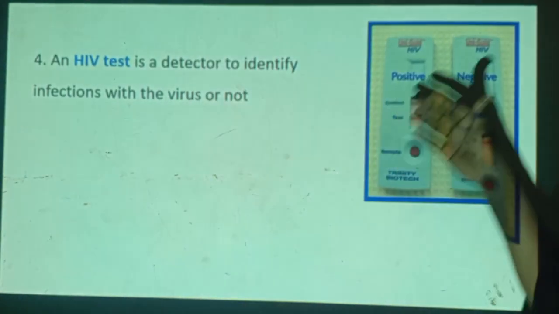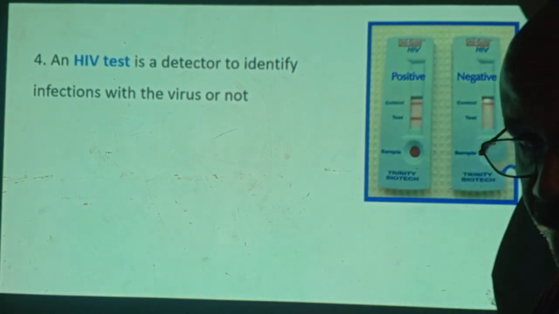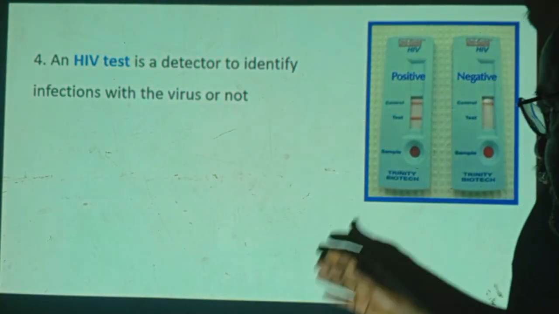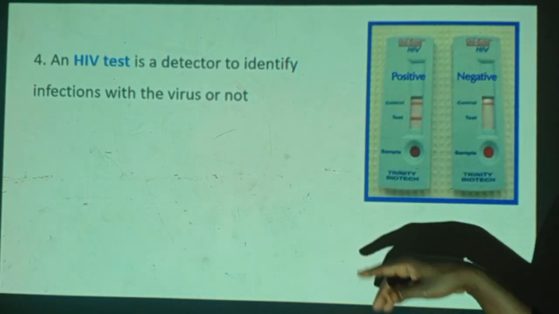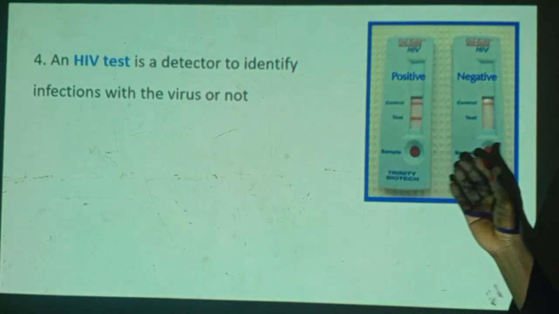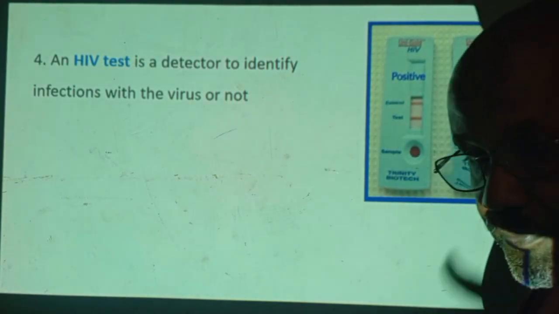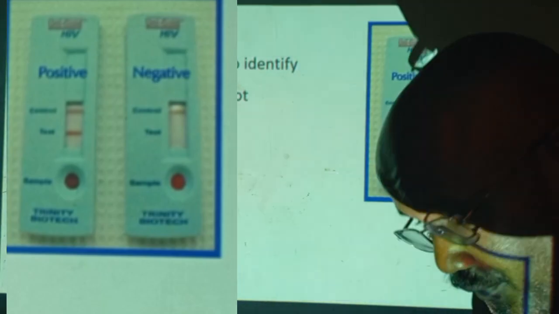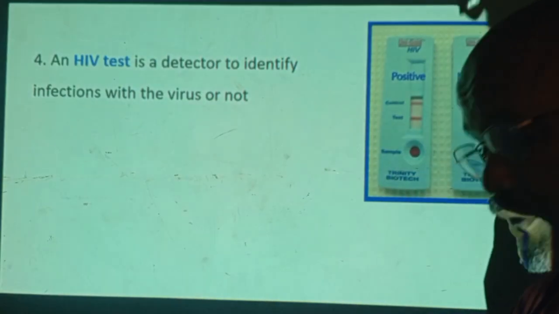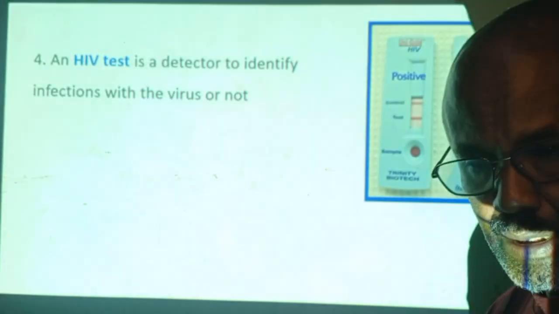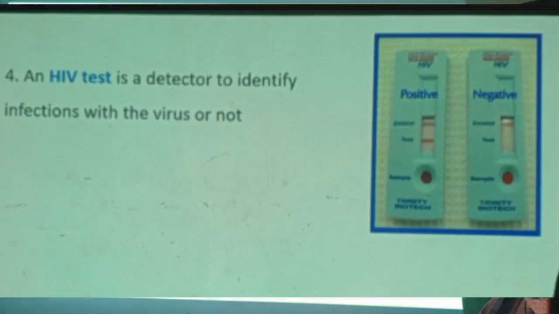When it comes to the other, it is the HIV kit. If your blood contains the virus, it can give you a result similar to the urine pregnancy test. And this one is the positive test, and this one is the negative test. Similar, two strips, positive, negative test. Therefore, positive means you have HIV, you are HIV positive, you have HIV in your blood, and this measures, similarly, the amount of antibodies in your blood.